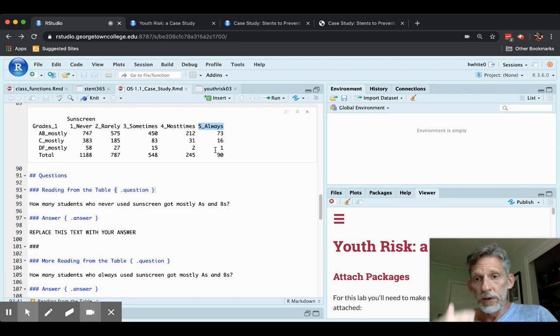So those are the different types of answers they gave. And down here next to total, there's 1188. 1,188 out of the several thousand students that were asked this question said they never used sunscreen. How many of them got mostly A's and B's? That's what the question's asking us. And so the answer is that 747 that I've just highlighted.